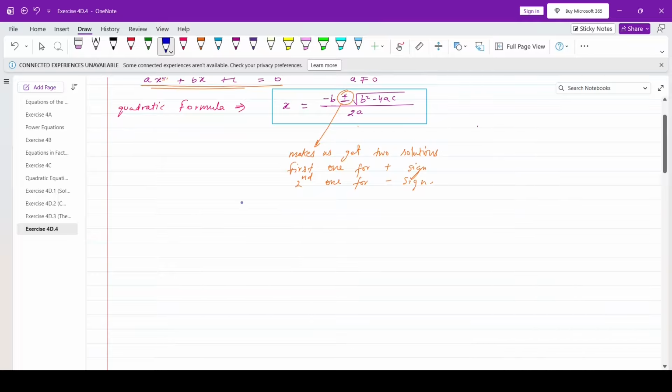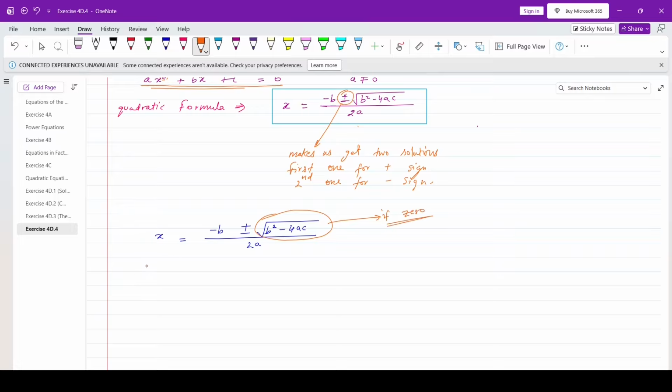Now suppose in this formula, if this second term is 0, will we have two solutions?